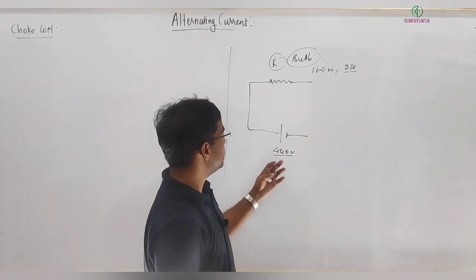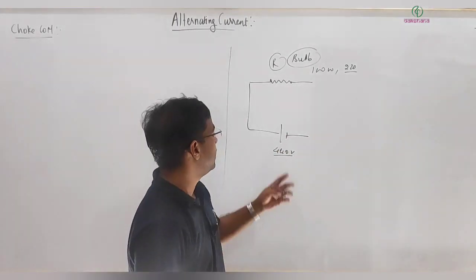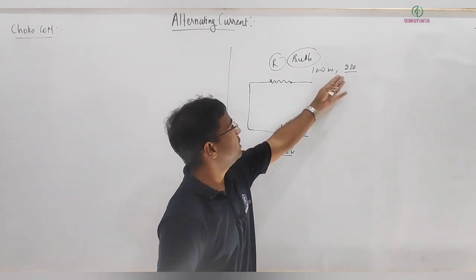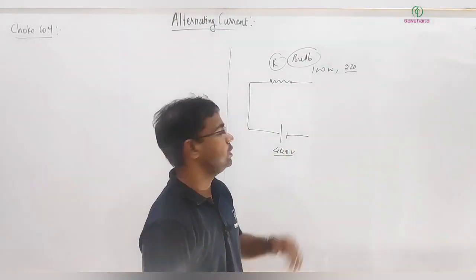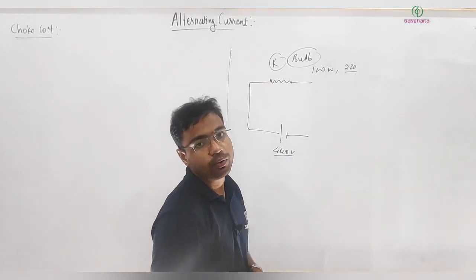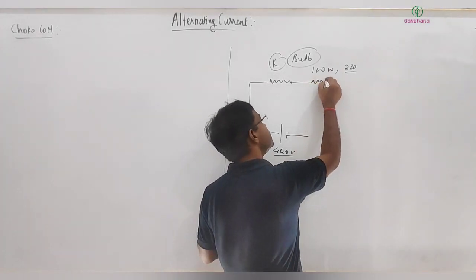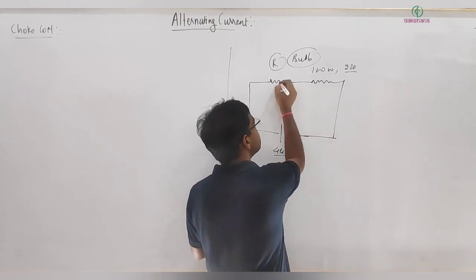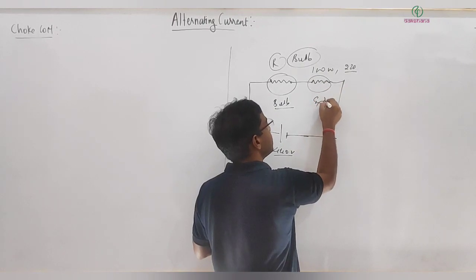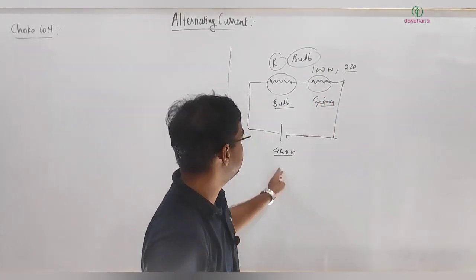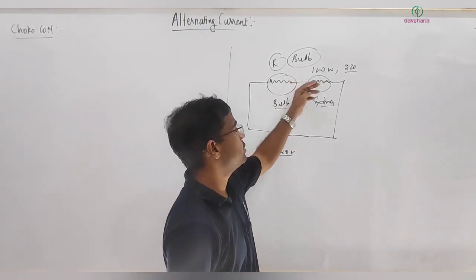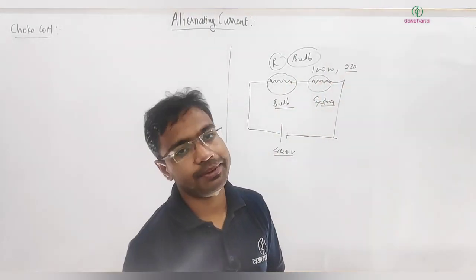So we want to reduce the current in this circuit so that the voltage across the bulb does not go beyond 220 volt, or you can say we want to reduce the voltage across it, but the voltage we have is only 440. So what we can do is connect one more resistor in series with our bulb, and that way we will reduce the current such that the voltage across the bulb does not exceed 220 volt and everything will be fine.